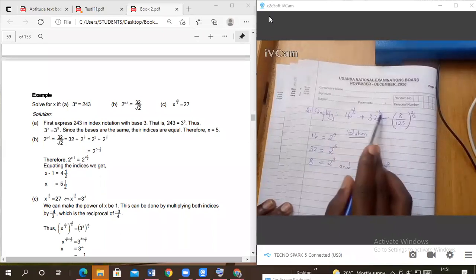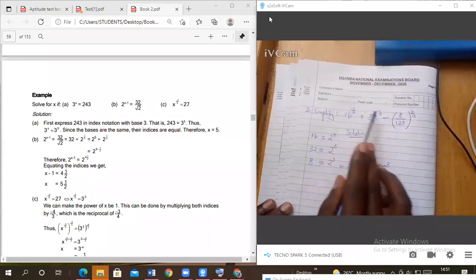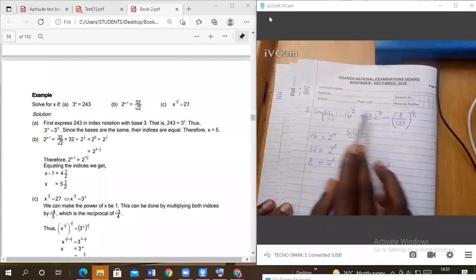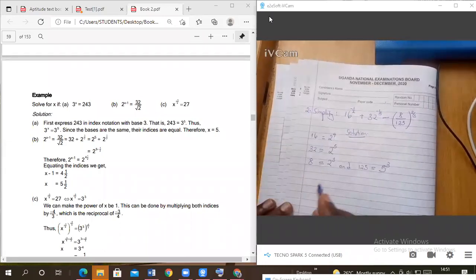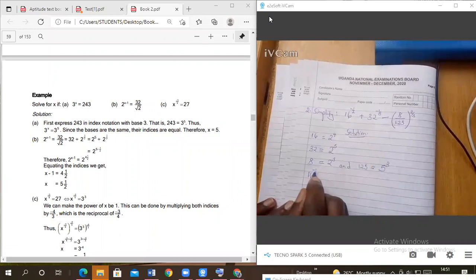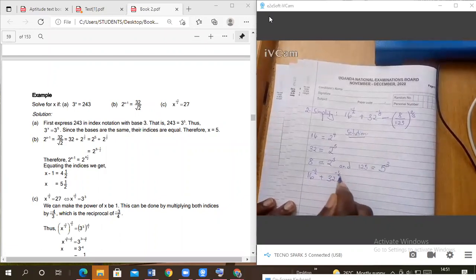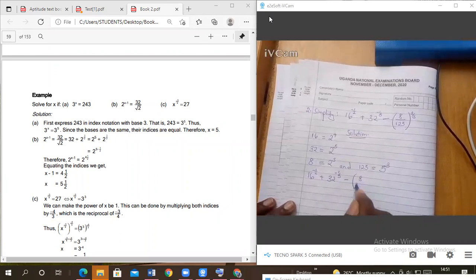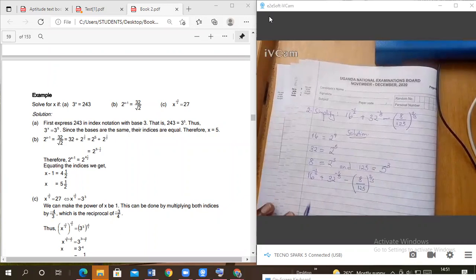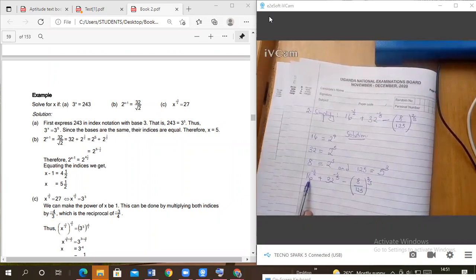Now when you look at this one, 16 and 32 have negative powers. So if I want to remove the negative, what should we do? I have to get the reciprocal, so that I remove this negative power.